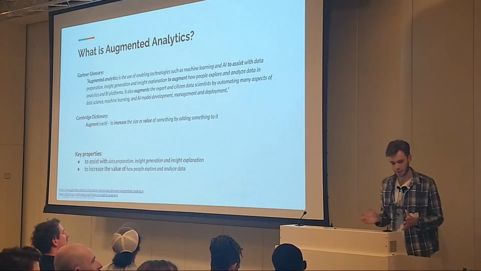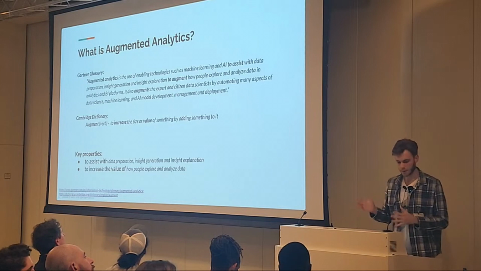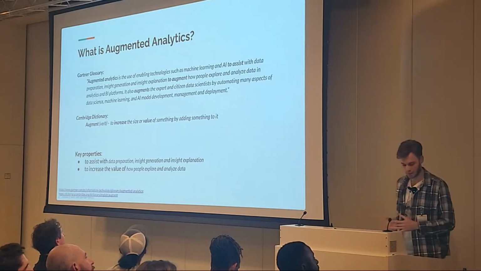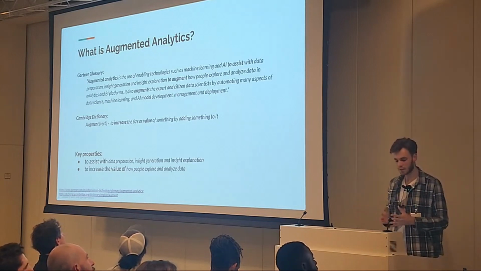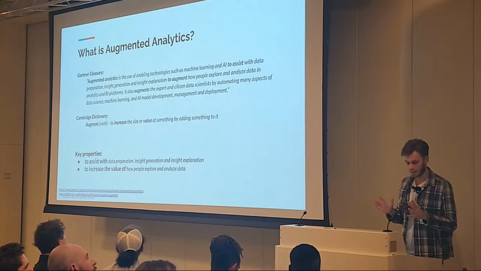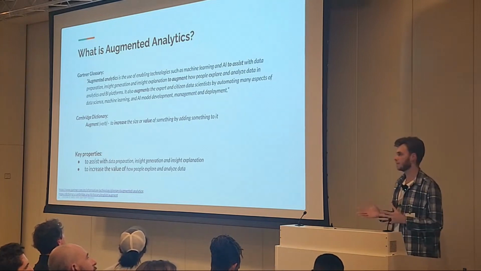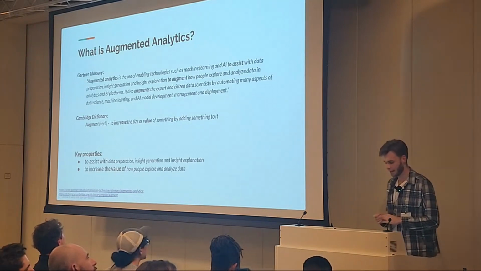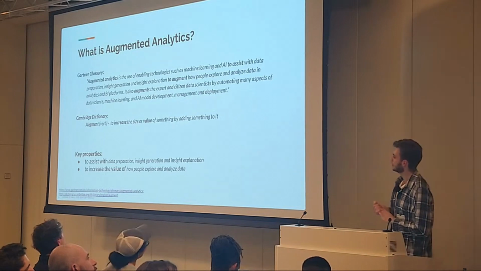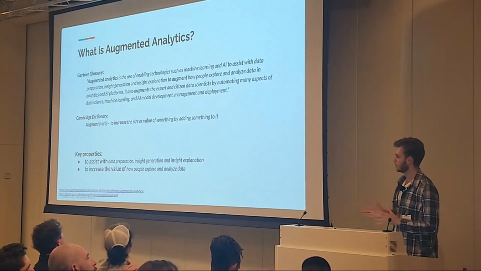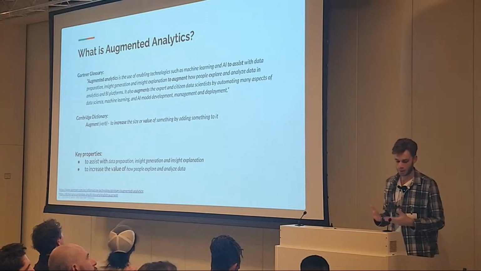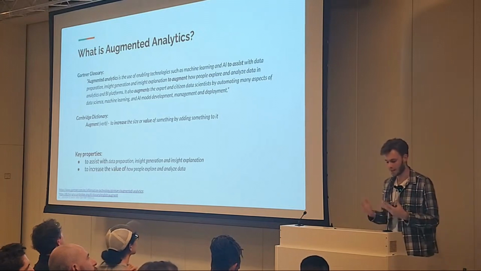It's strange that something is defined through the same word. Then I went to the Cambridge dictionary to see that augment actually means to increase the size or value of something by adding something into it. It's funny, I think it could be applicable to different machine learning projects, where we need to increase the value of something by adding something into it.